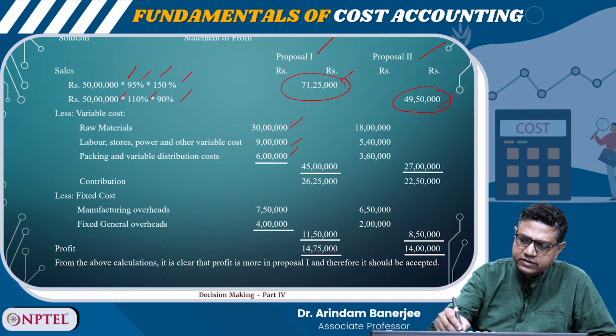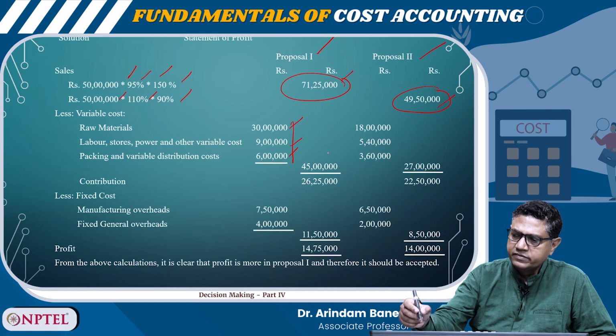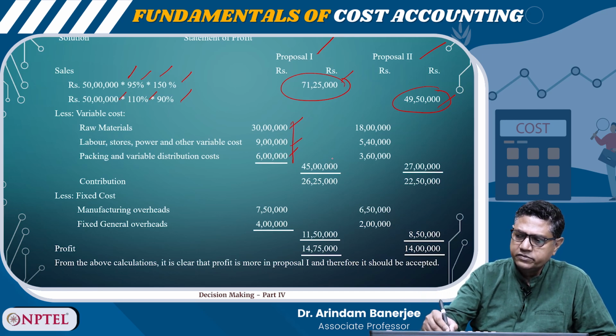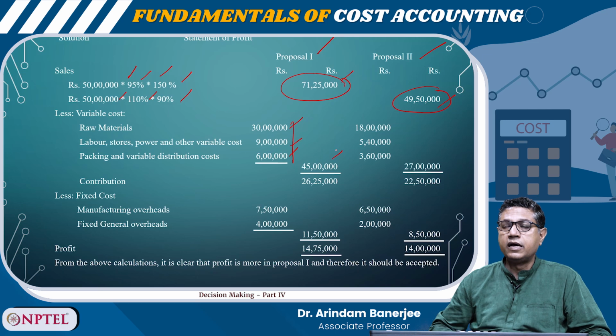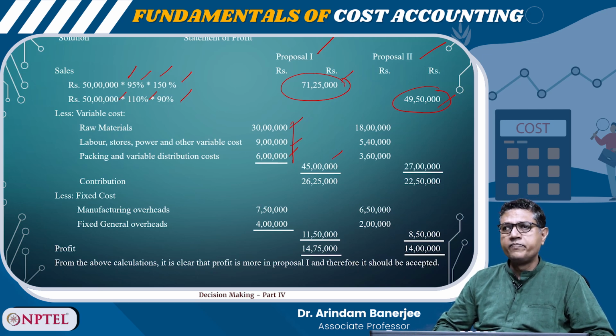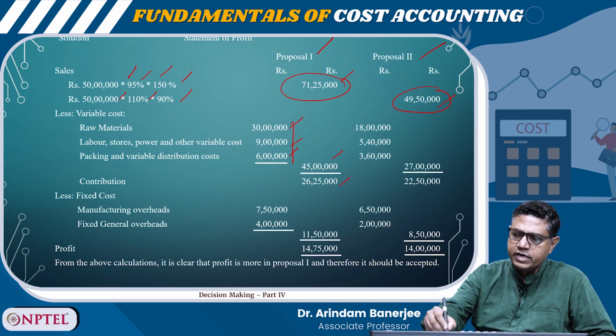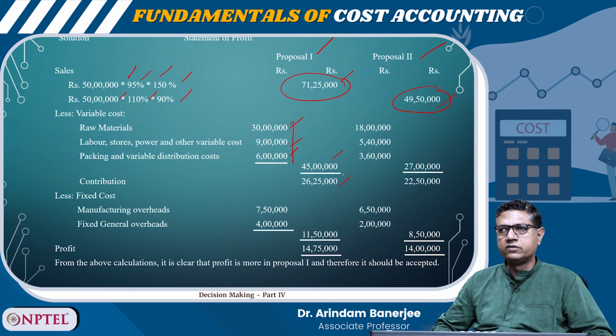So, if I add these three, I will get the total variable cost. So, it is 45 lakh now. If I deduct this from 71 lakh 25,000, I am getting the contribution of 26 lakh 25,000. From this contribution, I will deduct the fixed costs.